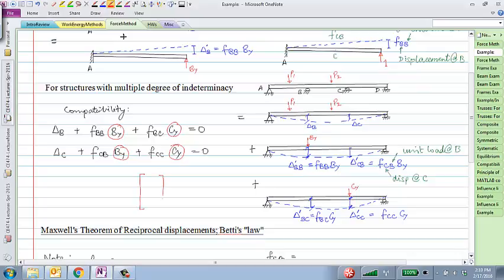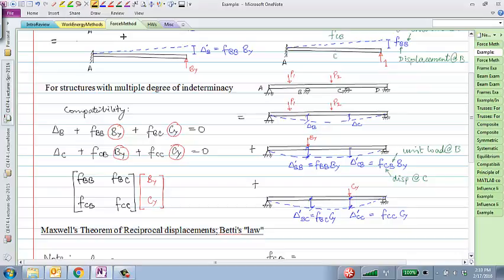write your unknowns By and Cy as a vector, and you can write your flexibilities FBB, FBC, FCB, and FCC. It's a 2 cross 2 matrix multiplying a 2 cross 1 vector.